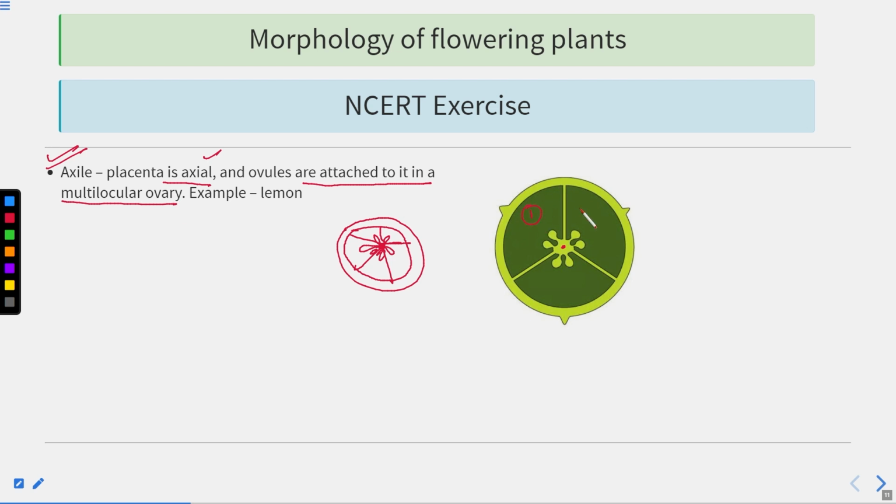This is one locule, this is the second locule, and this is the third locule. In these locules, after fertilization, the seeds are arranged on the central axis, and each locule has different ovules. The best example of axial placentation is lemon, citrus.